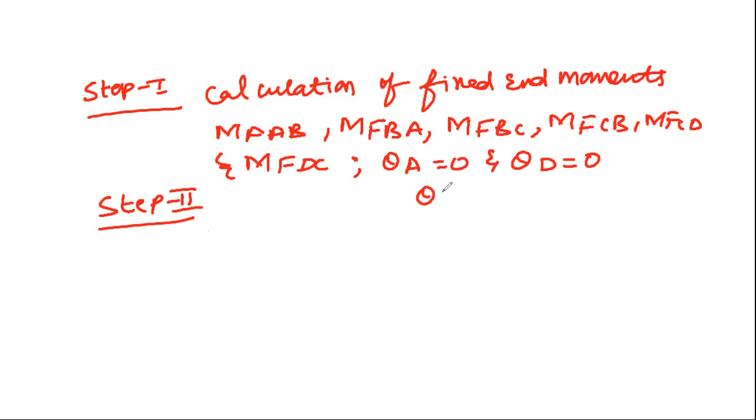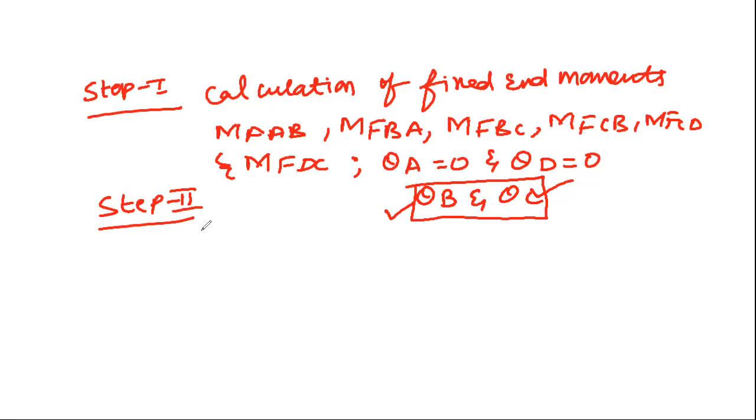Theta B and theta C are the unknowns. To calculate these two, I'm going to solve some slope deflection equations. After solving, you can directly find theta B and theta C, and finally substitute those values back into the slope deflection equation. Once we have completed this problem, you will understand what I'm going to do now.